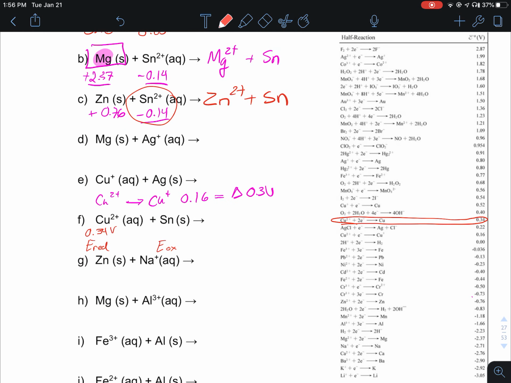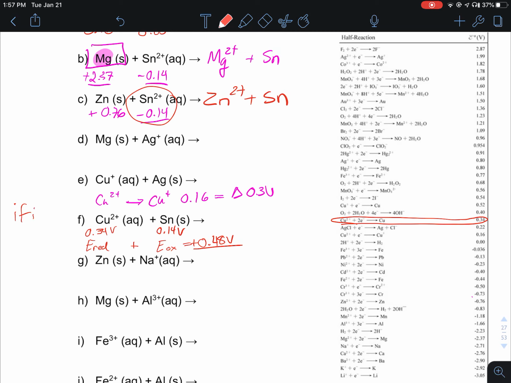Now that we're talking about an oxidation potential, I'm going to put 0.14 volts, and I'm going to add those together to see if there is a positive value. So what happens when I add those together? I get a total of 0.48 volts. That's a positive value. Great. It's positive. It's spontaneous.